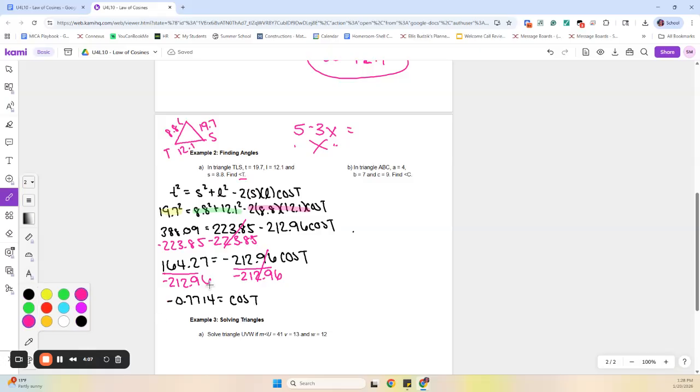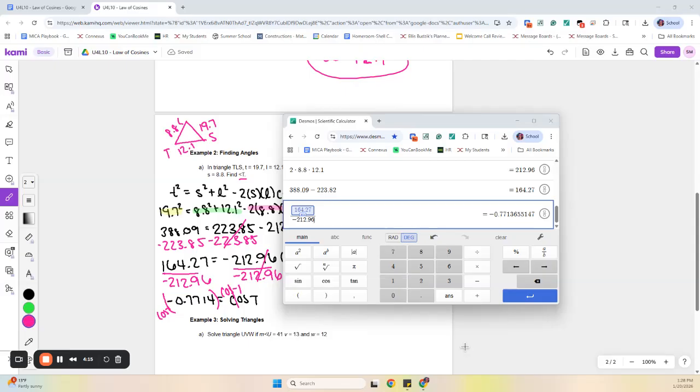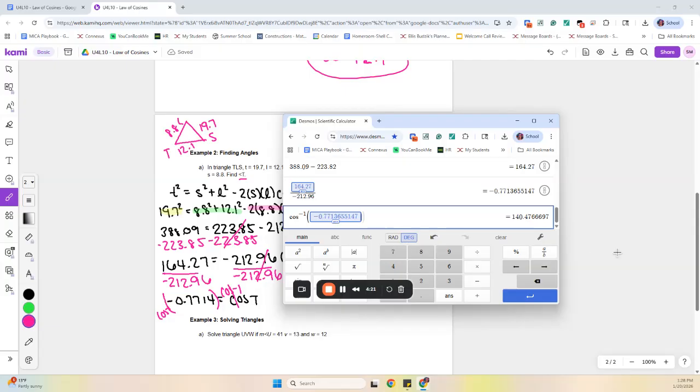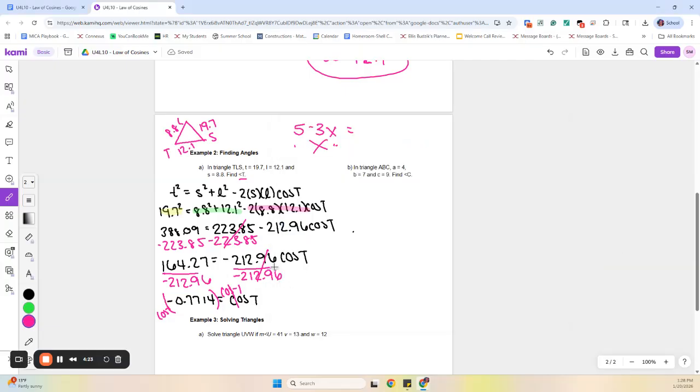And then finally, I need the t by itself, so I'm just going to cos inverse over here. Cos inverse of that number is going to be 140.5. So t is 140.5 degrees. And that's our answer.